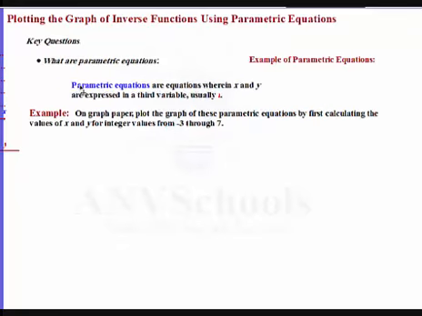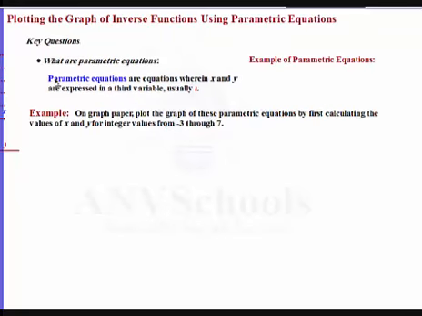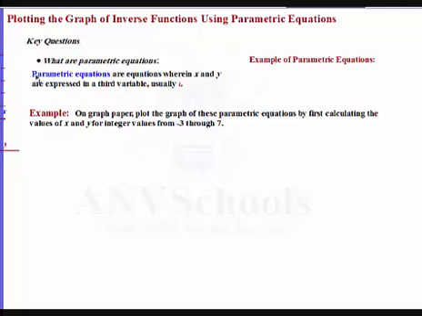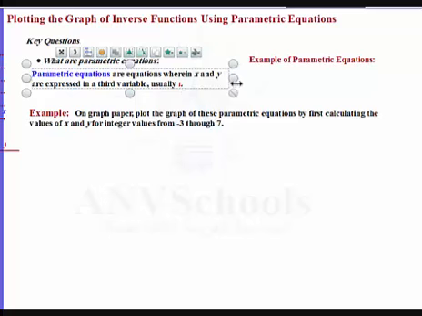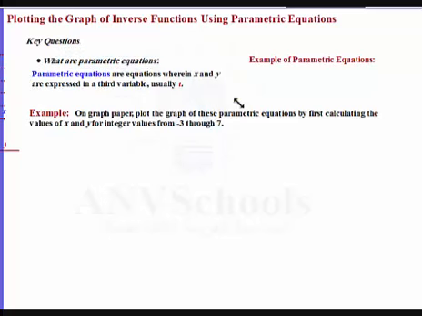Anyway, parametric equations are equations wherein x and y are expressed in a third variable, which is usually t. Now, we have seen all of the equations. For example, we have y is equal to x plus 5, y is equal to 2x squared minus 4, y is equal to x plus 1 over x minus 2, and so on and so forth.